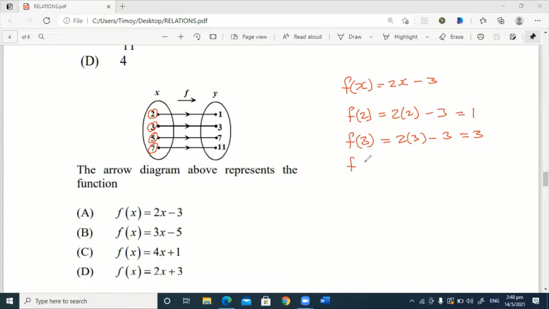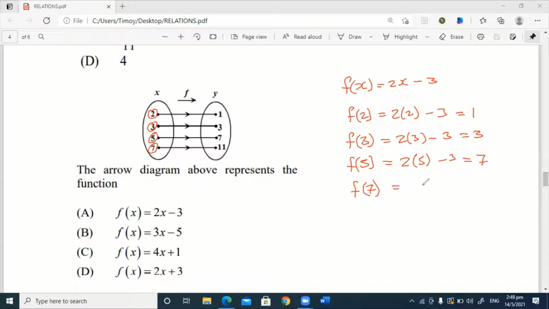If we plug in f of 5, what are we going to get? We're going to get 2 times 5 minus 3. What is 2 times 5? 10 minus 3, that's going to give us 7. So 5 is mapped onto 7, which is what they have there. And then f of 7, let's find that one.